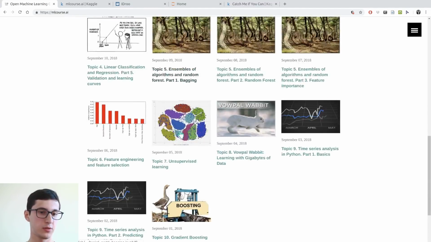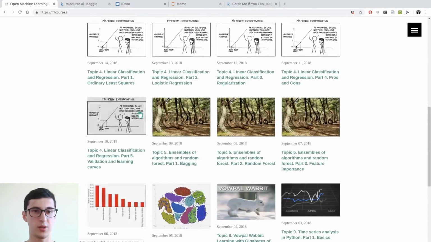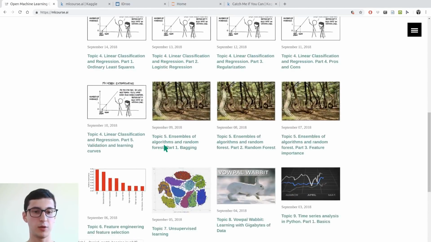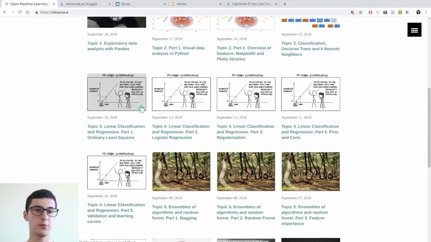So we see that topic 4 is this huge one about linear models, and then topic 6 is about feature engineering and feature selection. So actually lecture 6 will be about regression, so this first part. We'll remember supervised learning includes classification and regression as 2 particular general tasks.